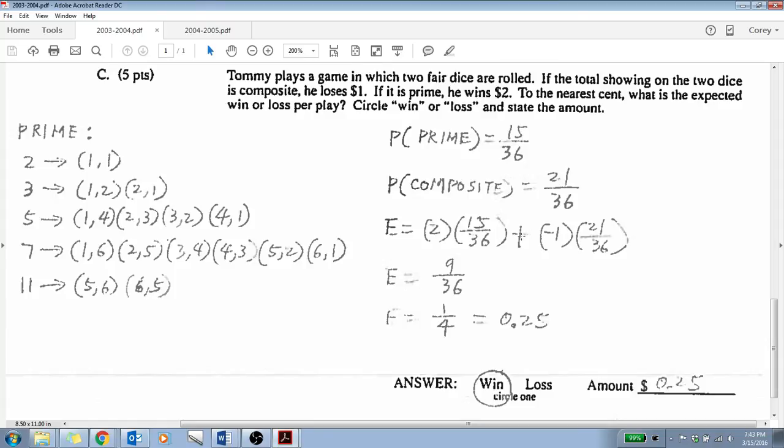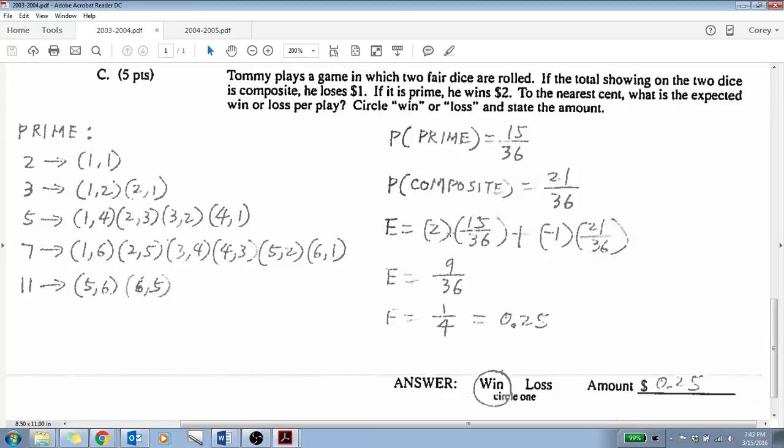Then we account for the composite: there's a 21 out of 36 chance, and each time he loses $1, so it's -1 times the probability of getting composite. My expected value, the total, is the sum of these.